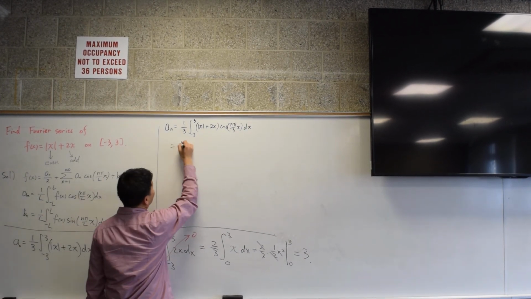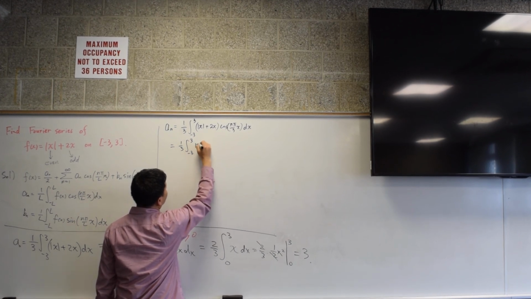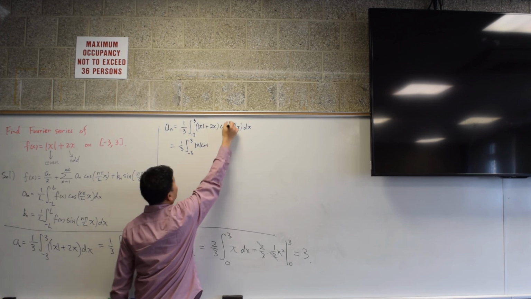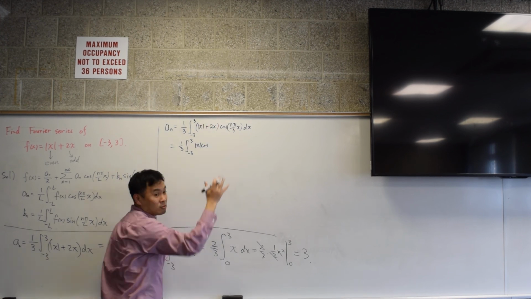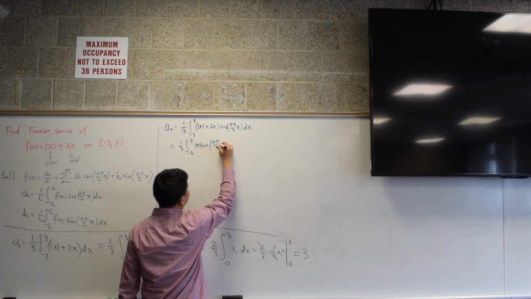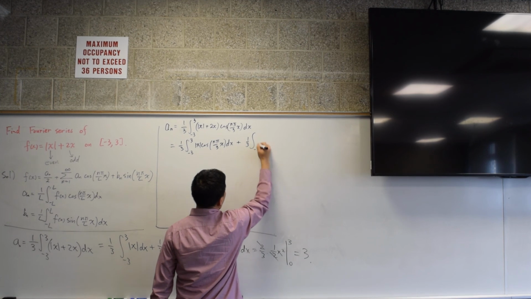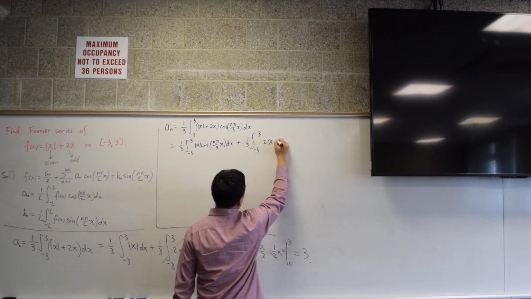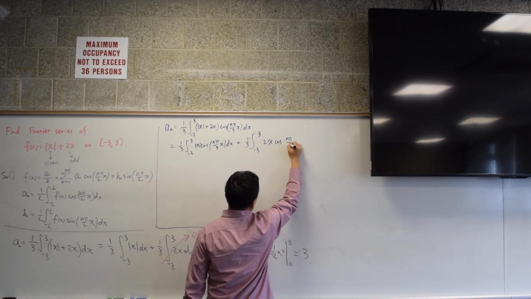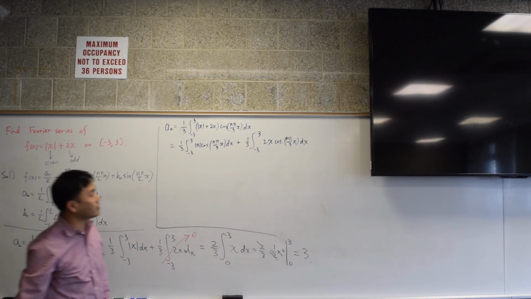Again, you want to split this into 2. See, I can distribute this so that you have 2 terms. The first term is this one, whereas the second term is 2x cosine n pi over 3 x dx. Okay.